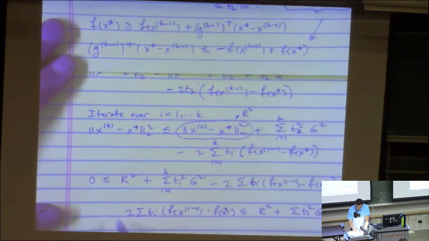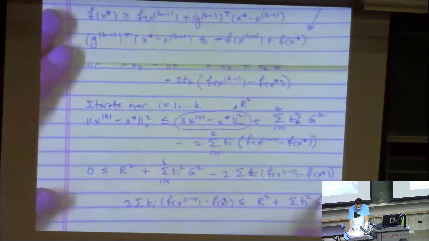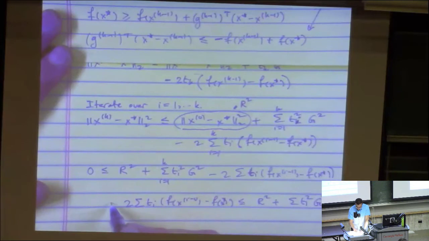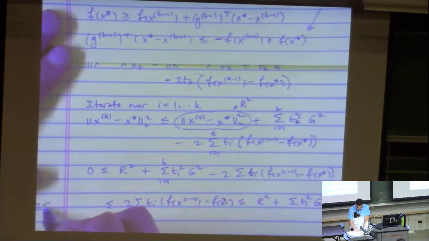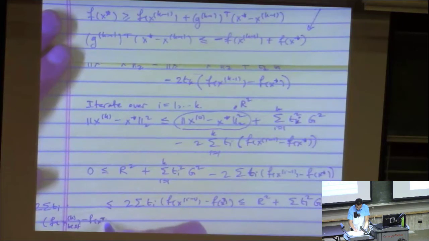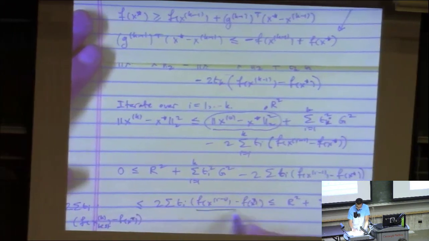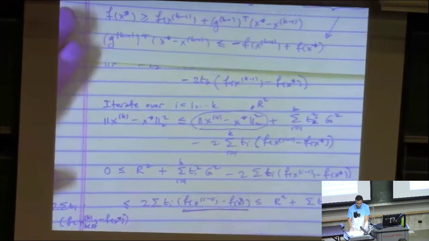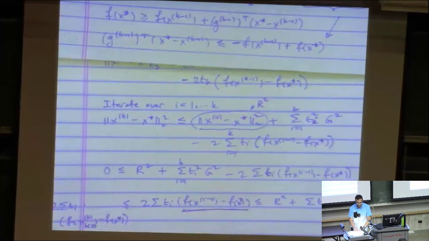And this itself, this is where I'm going to use the fact that I only care about the best one so far. This itself is lower bounded by 2 times the sum of the t_i's times the best one after k iterations. Every one of these differences in criterion value is going to be larger than the very best difference.